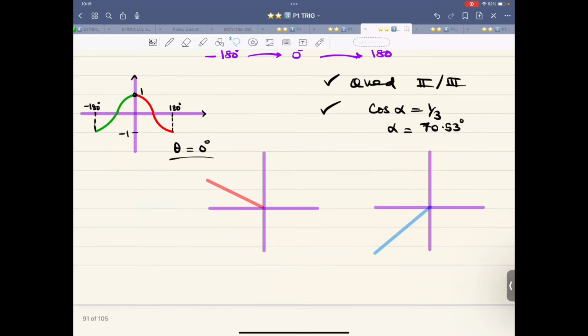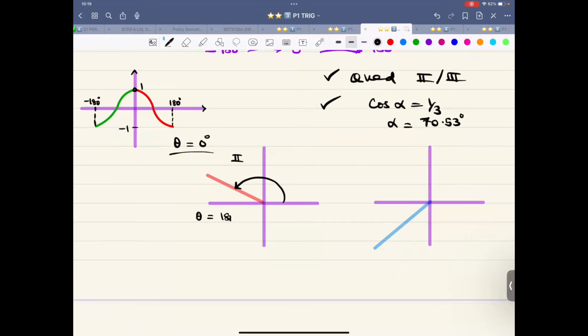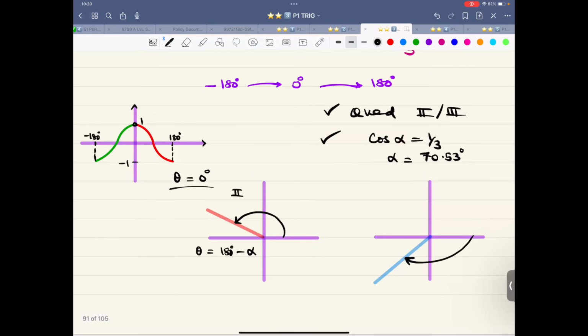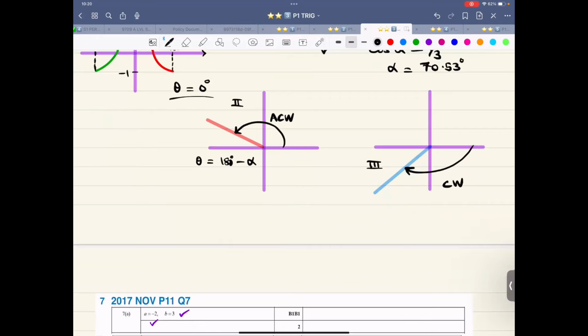For the second quadrant, go anti-clockwise: theta is 180 minus alpha. For the third quadrant, go clockwise, because it's not from 0 till 360, it's 0 till negative 180. This is a reflection of the above. This is also 180 degrees minus alpha, but with a negative sign.